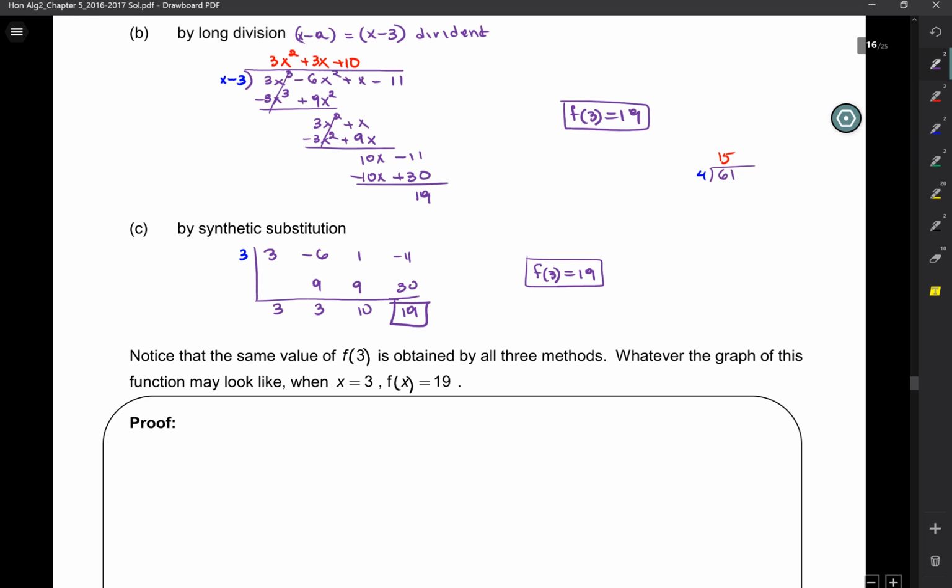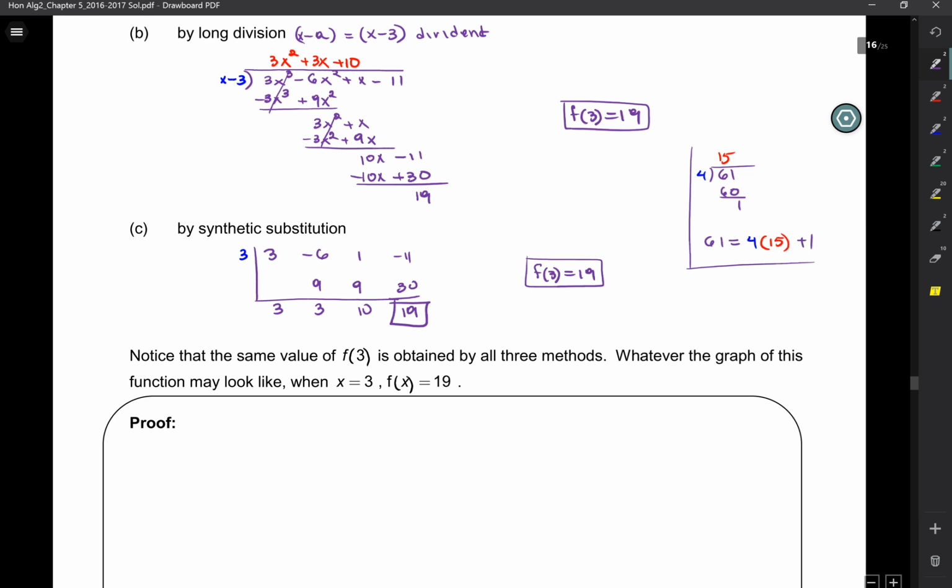I just want to be consistent with the colors. So 15 times 4 is 60, and that's a remainder of 1, right? Now, can I say that 61 is equal to 4 times 15 plus what? Plus 1? I could say that, right?